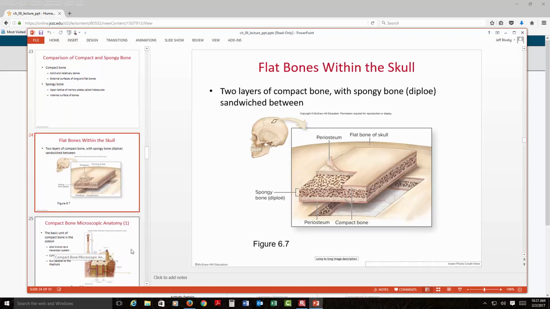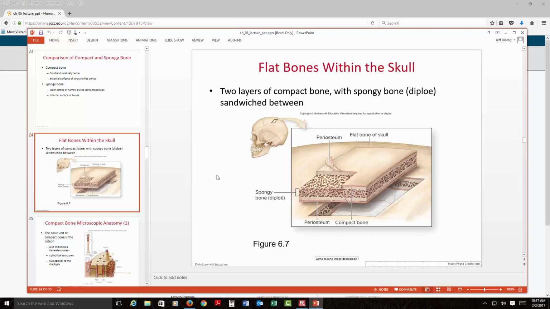And compact bone is basically the outer wall and inner wall to bone, and in regards to the skull, it's the external surfaces of the bone, and then sandwiched between compact bone will be spongy bone. And recall that structure is always complementary to function.